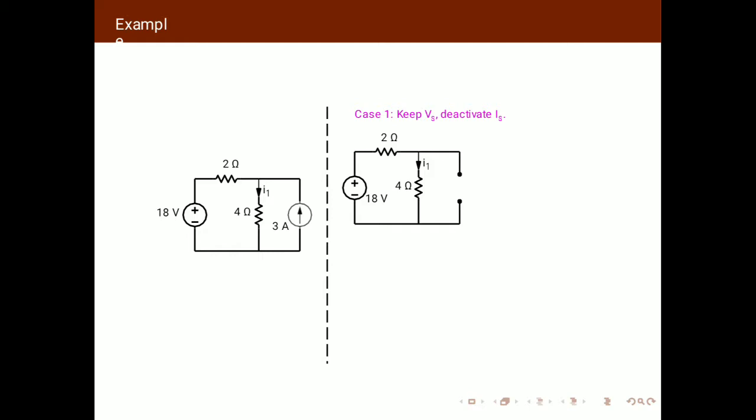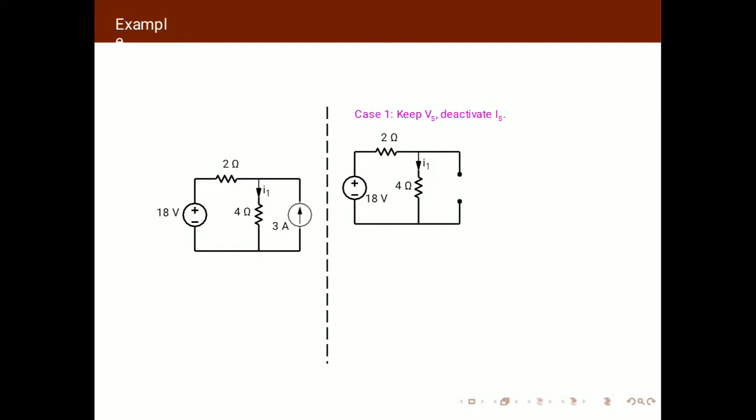To deactivate it, it is open circuited. Then we calculate the current I1 in the 4 ohms resistance.